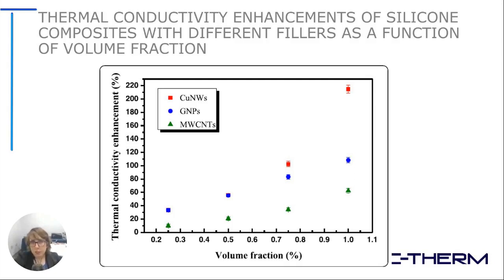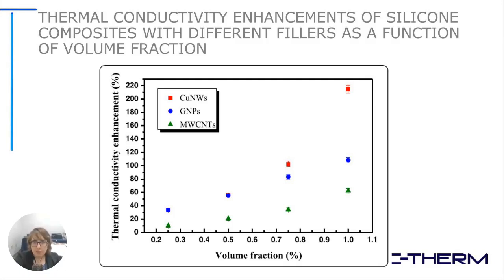So this slide shows the comparison of those three different materials in terms of the thermal conductivity enhancement relative to the neat polymer as a function of the volume fraction of filler added.